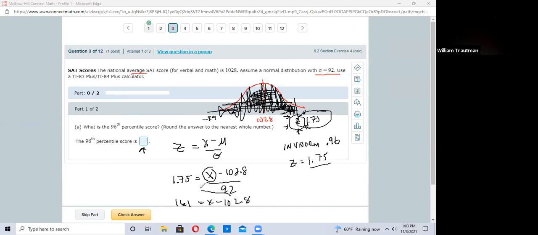Now we add 102.8, and my X value is 263.8. To the nearest whole number, this is 264. So my score here should be 264. Hopefully.